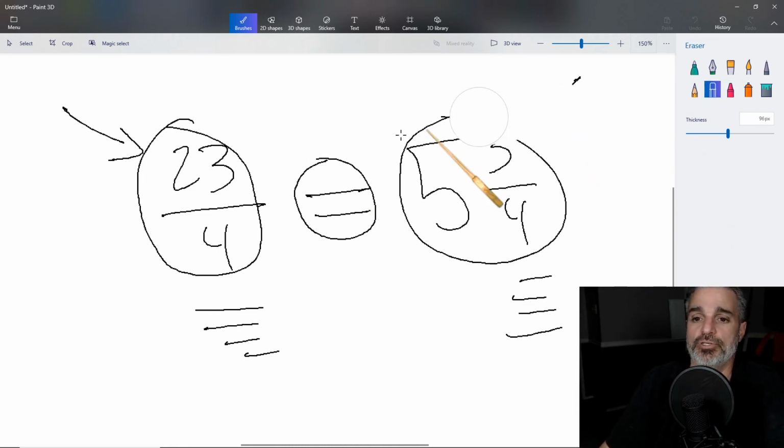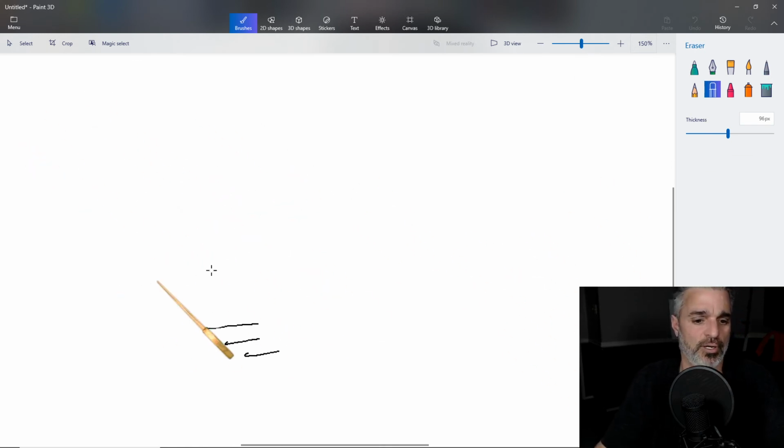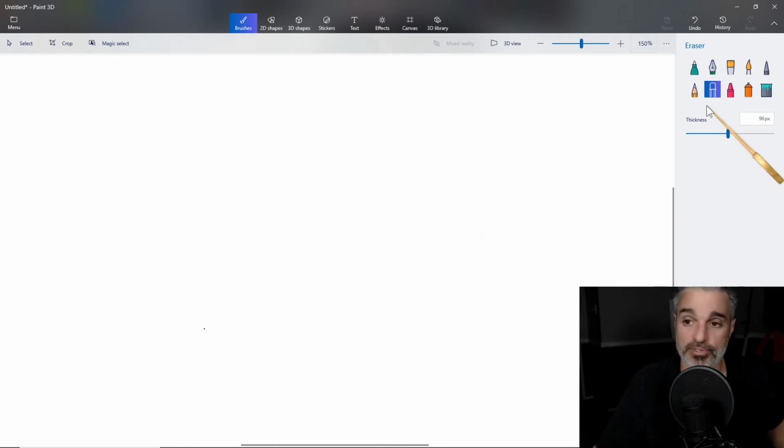Okay, so I think that's the next two short parts, and with that explanation you also do the last page, which are word problems for turning improper fractions into mixed numbers.